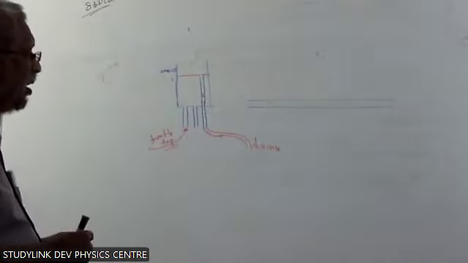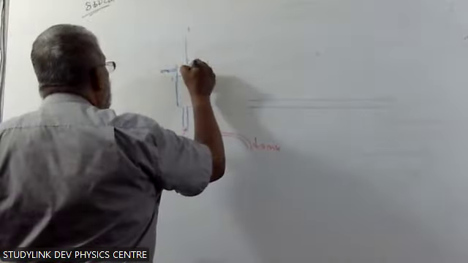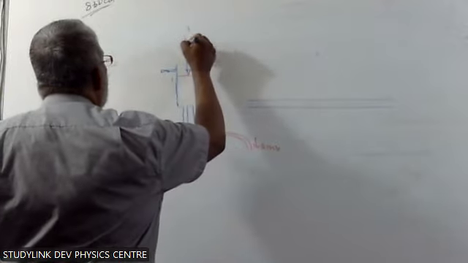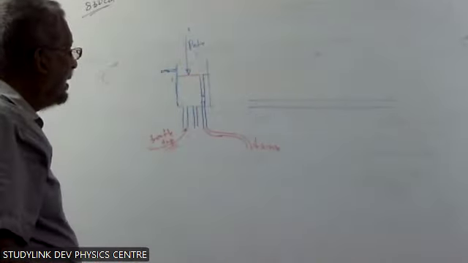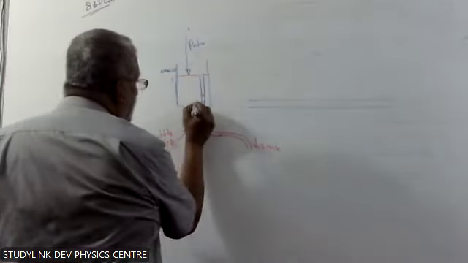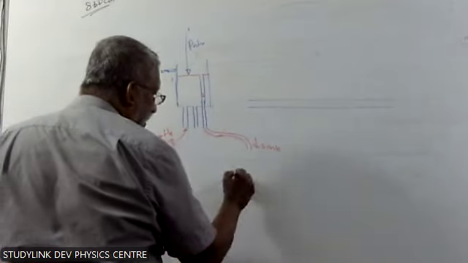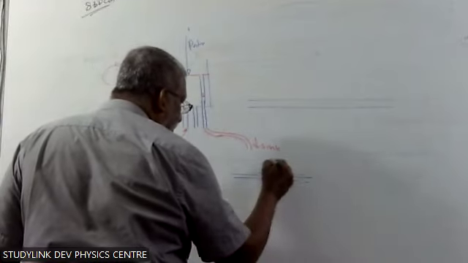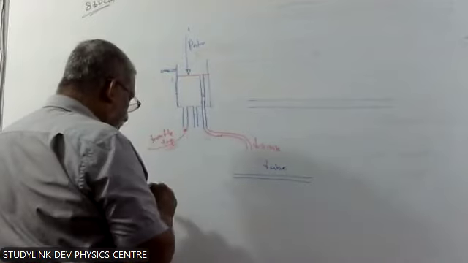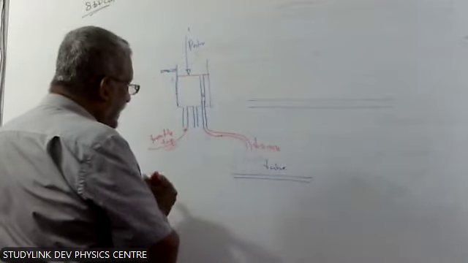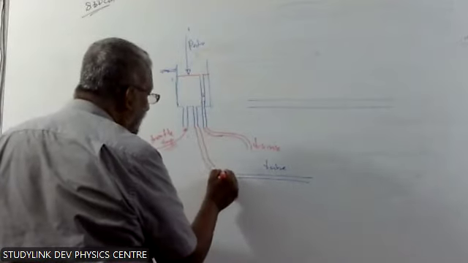Then see, there is always a pressure here from the atmospheric pressure, P atm. This point is concerned. Now we are doing a practical. This is a horizontal tube, and the rubber tubing is connected like this.